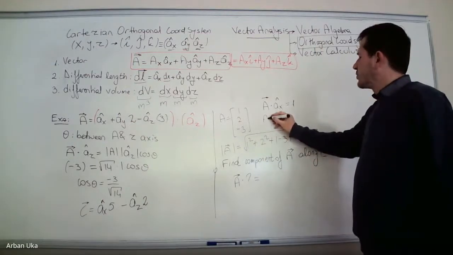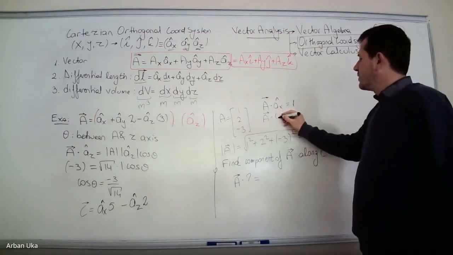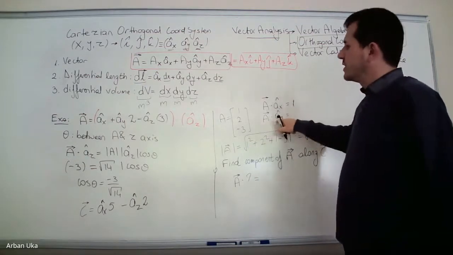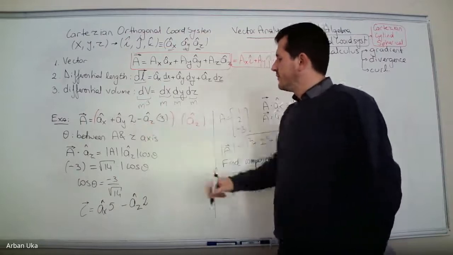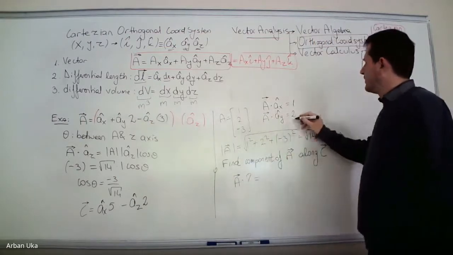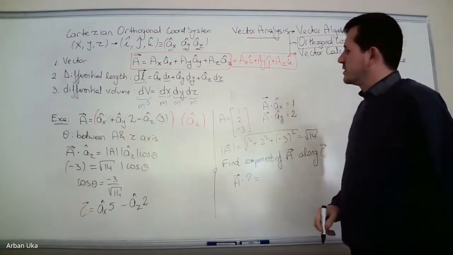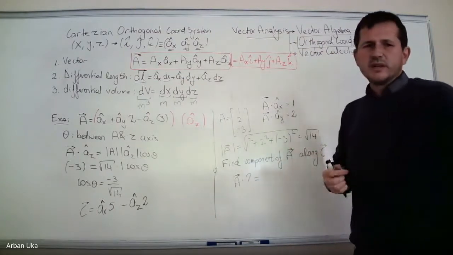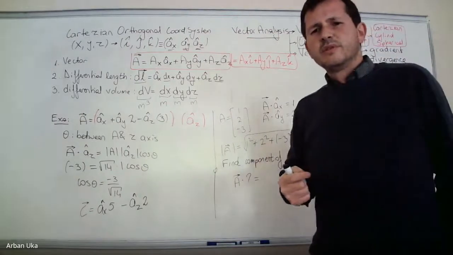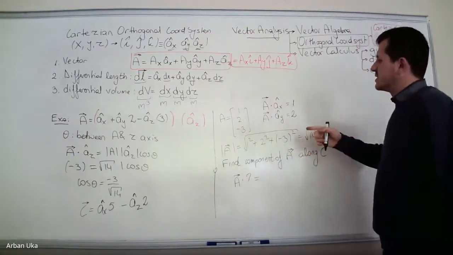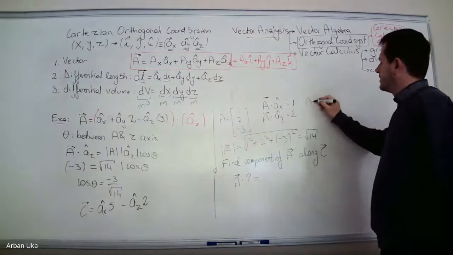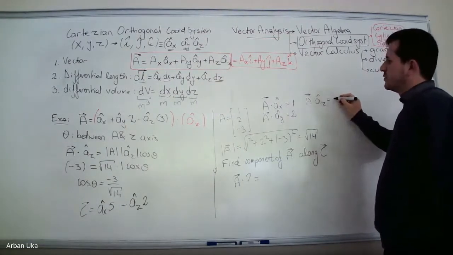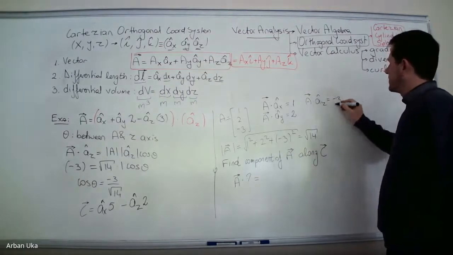Then, what is the projection of A along Y? We take the dot product of A with AY, and we get 2. Similarly, what is the projection of A along Z? We find the inner product of A with a unit vector along Z, which is AZ. So we do A dot AZ, and this will be equal to minus 3.